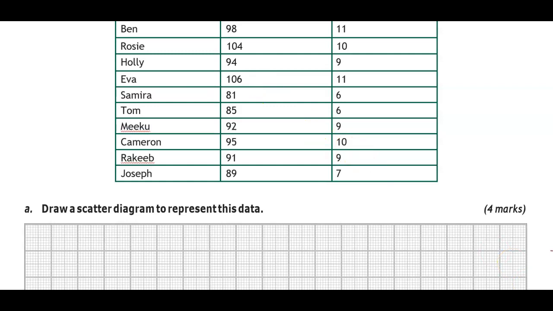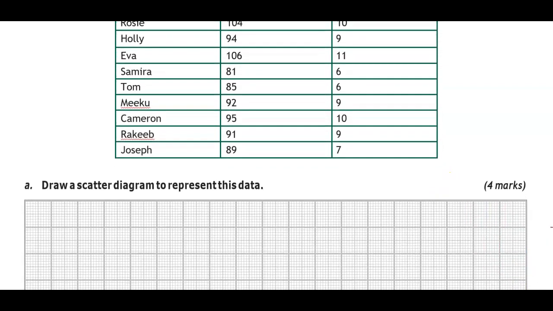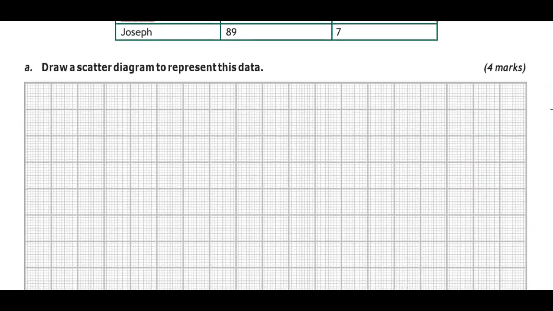So we'll try and represent numbers from 75 to 110 or 115. And in terms of shoe size, it starts from about 6 and goes up to 11. So let's represent the height on the x-axis.